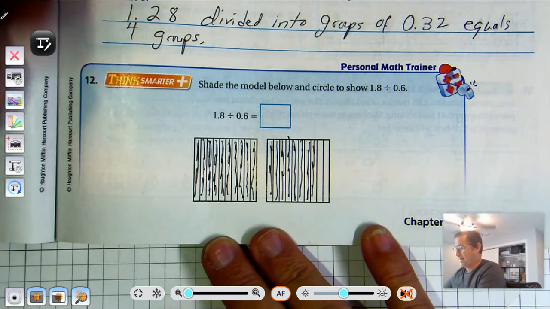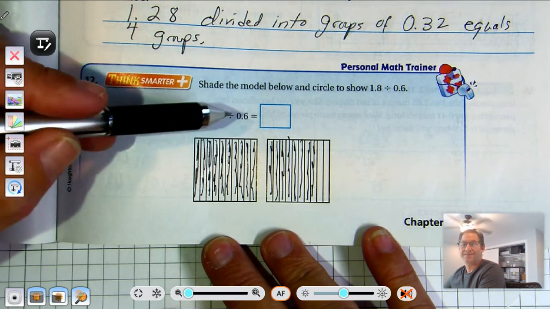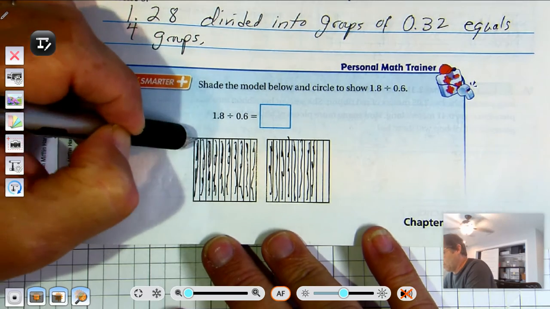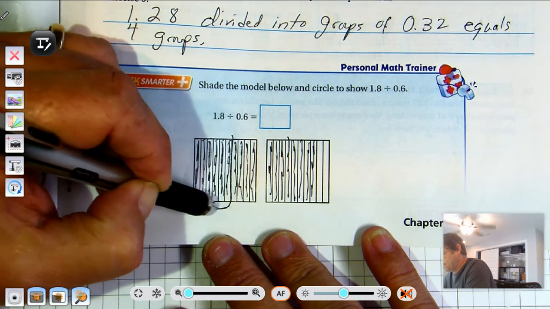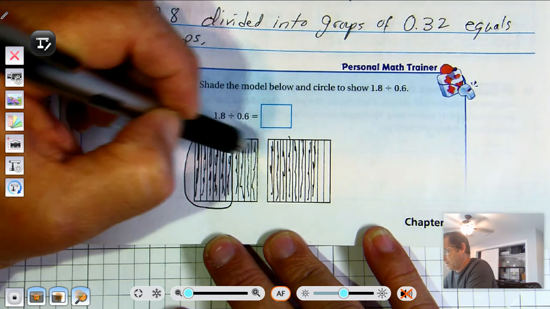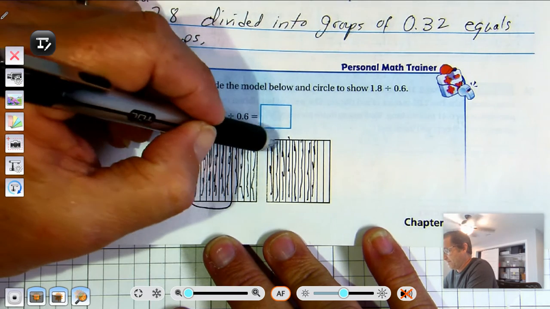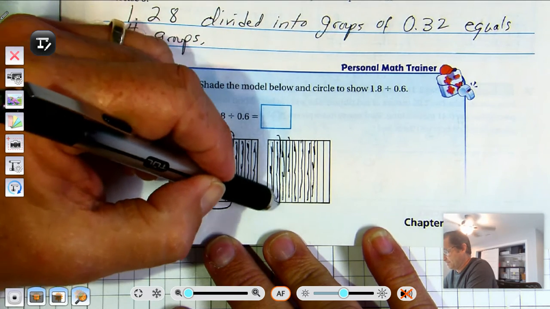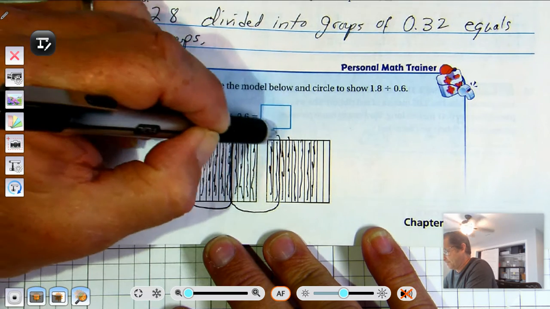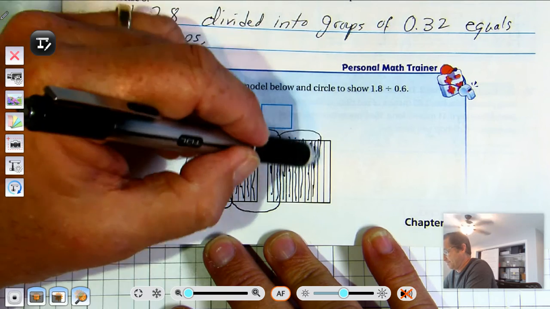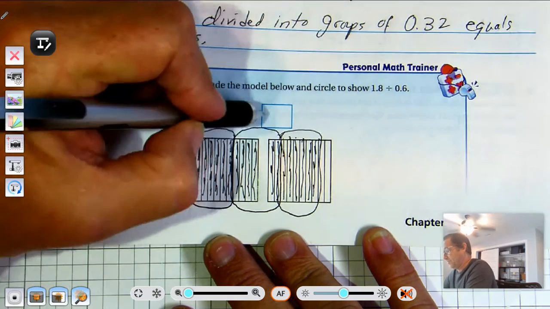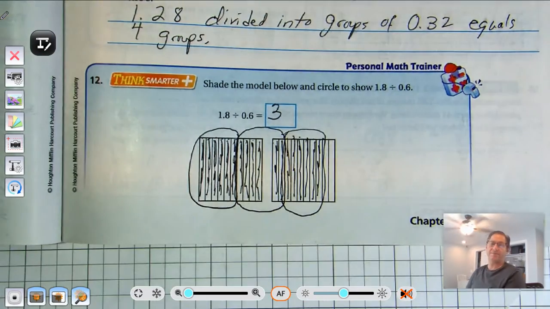Okay. And now we're going to put them in groups of 6/10. So 1, 2, 3, 4, 5, 6. 1, 2, 3, 4, 5, 6. 1, 2, 3, 4, 5, 6. So we have 3 groups of 6/10.